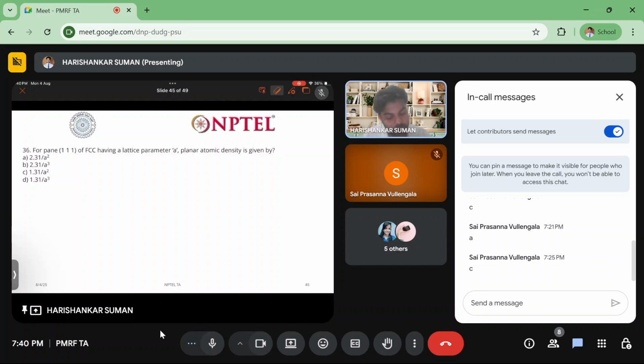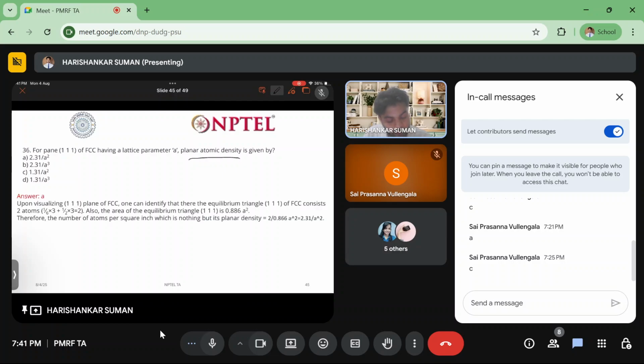Next question. For the 111 plane of the FCC having a lattice parameter a, the planar atomic density is given by. So see the 111 plane in FCC.